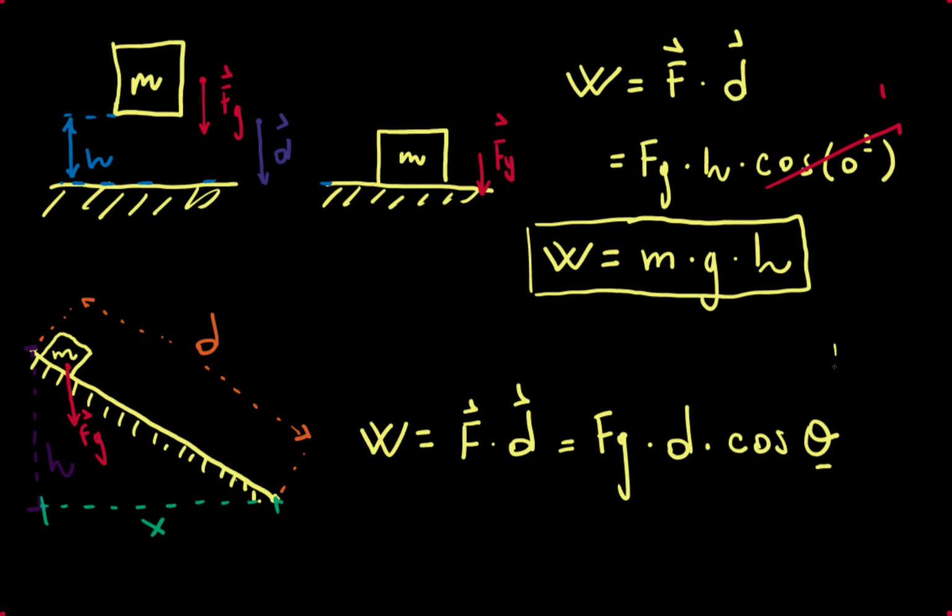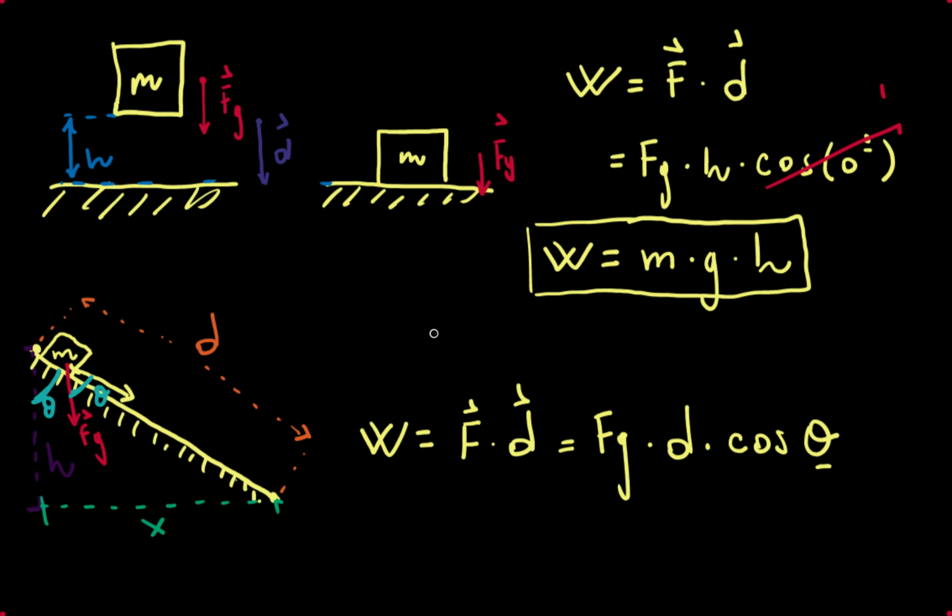This angle is the angle between the force of gravity and the direction in which the ramp goes down, because remember, the displacement vector goes from here to here. That's the direction of the displacement vector, and force of gravity goes down perfectly like that. I hope you can see that this angle here, theta, is the same angle here.